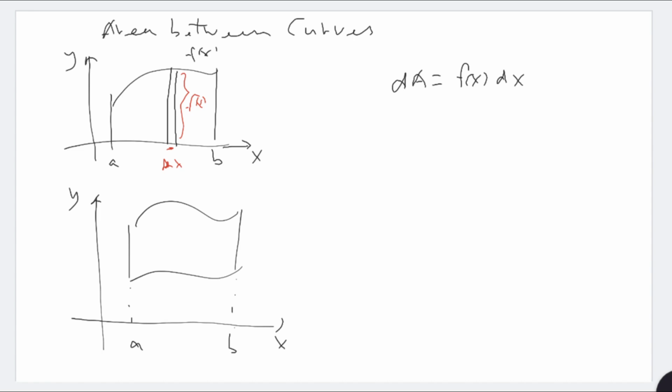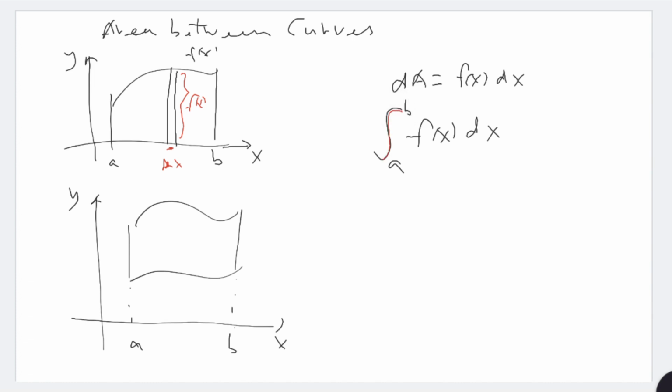Then we add them up, like I said, to get a Riemann sum, then we take a limit, sending n to infinity, meaning we really slice the region into infinitely many strips, and we get the total area. Now this whole idea is shown by this integral notation.